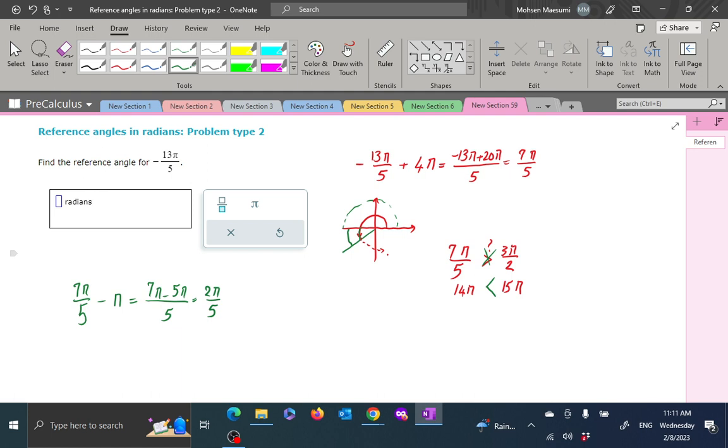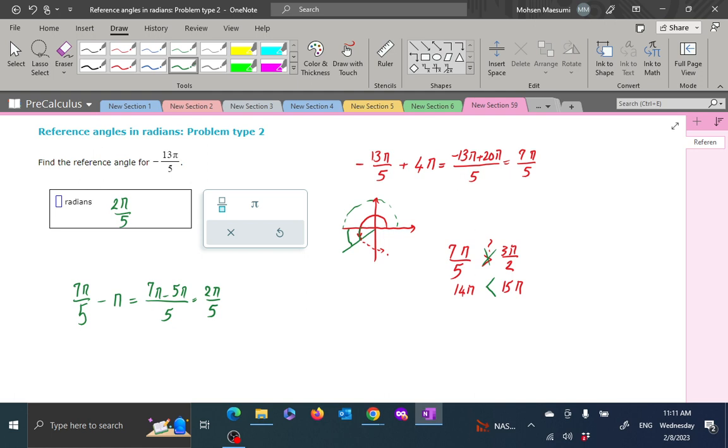And this is an angle between 0 and pi over 2, so chances are we are on the right track. What if we had made a mistake here and we thought we were in quadrant 4? Well, in that case, when you calculate your angle, you are going to get something that is more than pi over 2.